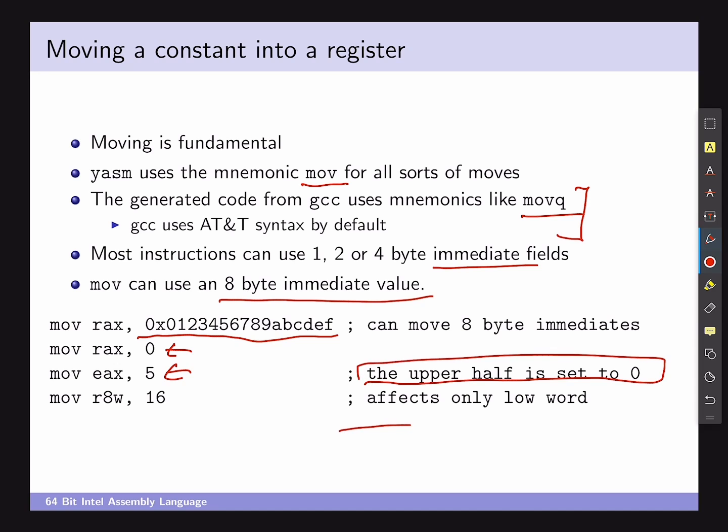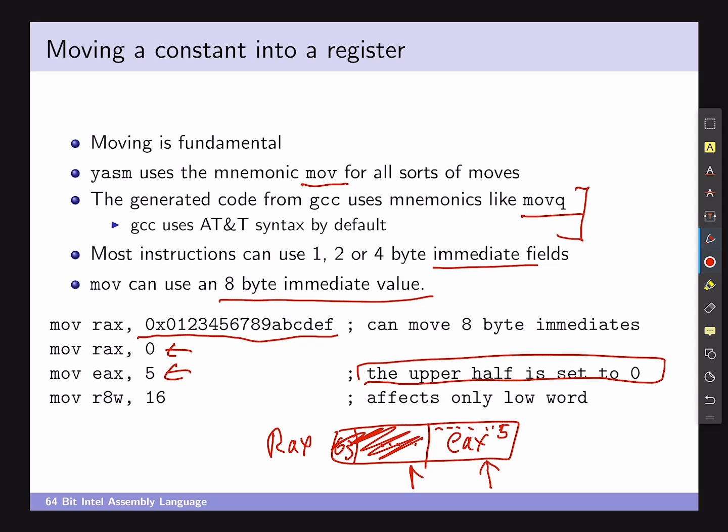So let's say this is RAX, and this bottom part was EAX, and this was the extra bits all the way up to bit 63. If I alter EAX, say I set this to be the value 5, it will load the value 5 into this register in binary, and it will clear all the higher order bits. It will set them all to 0. That's the default behavior of performing a move like this.